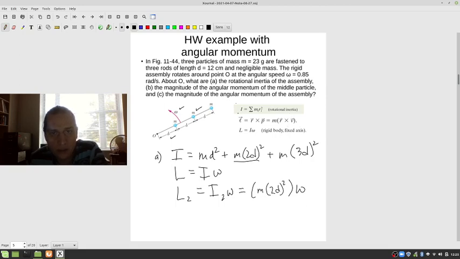So it would just be 2d times v times m. Okay, so that's going to give you the same thing as this at the end of the day. Okay, so that's your B, and then your C is the angular momentum of the assembly. Well, you have the I of the assembly, and angular momentum is just I times omega.